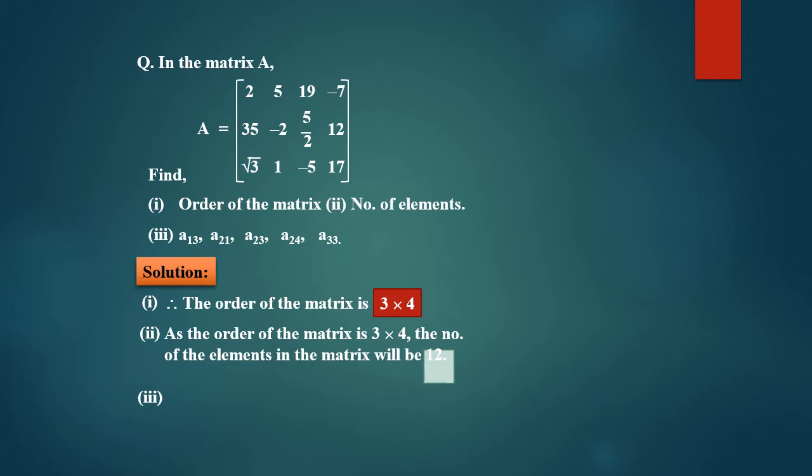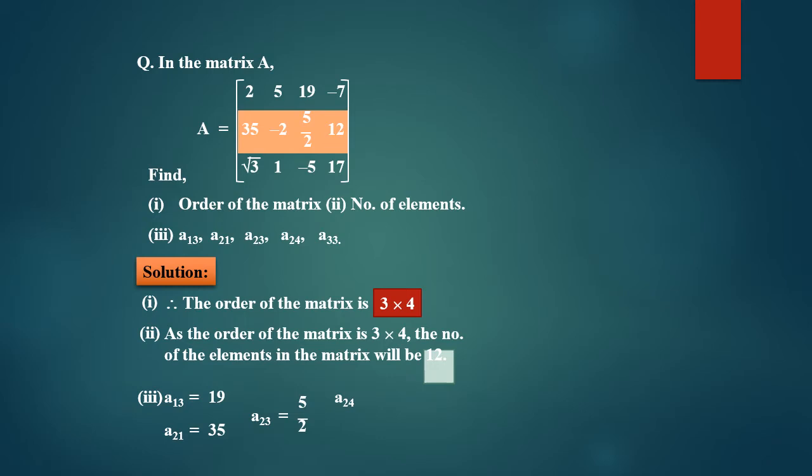Next, we need to calculate the indicated terms. a13, that is first row third element, is equal to 19. Next, a21, second row first element, is equal to 35. Next, a23, second row third element, is equal to 5/2.